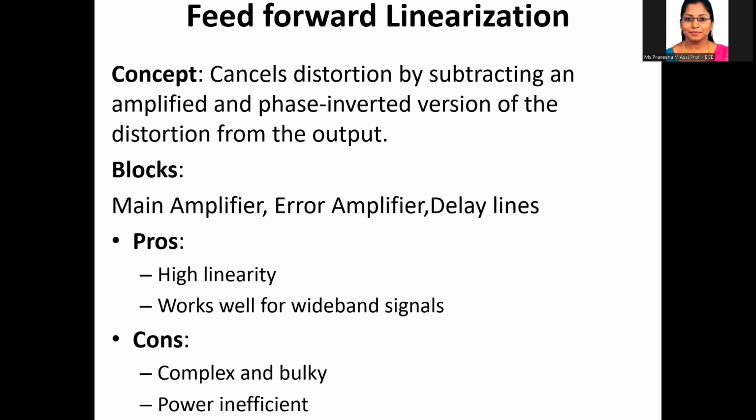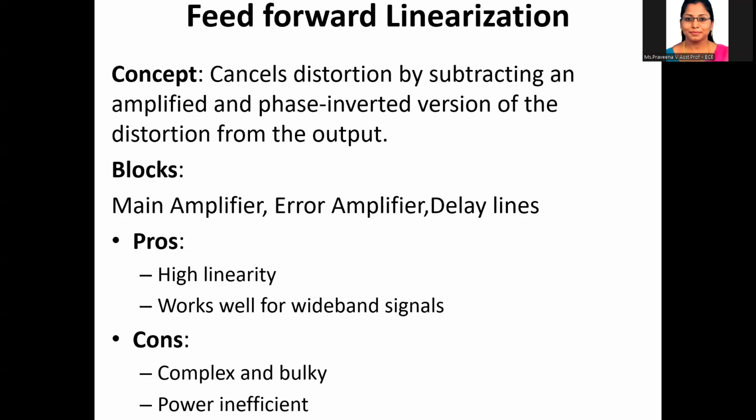The concept is that the distortion generated by the main amplifier is extracted and a phase inverted distortion signal is created. That signal will be amplified and subtracted from the output so that we can cancel the distortion components.